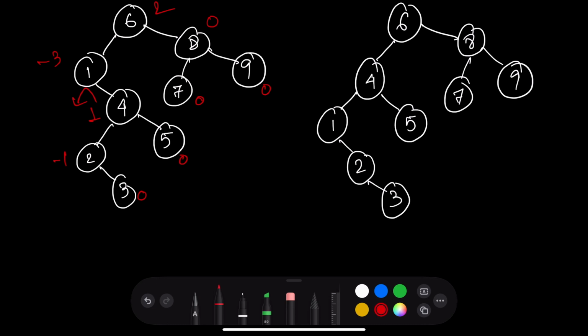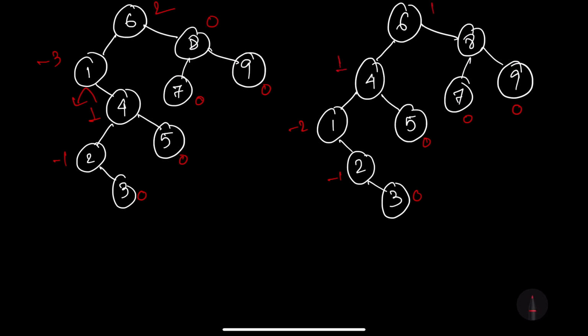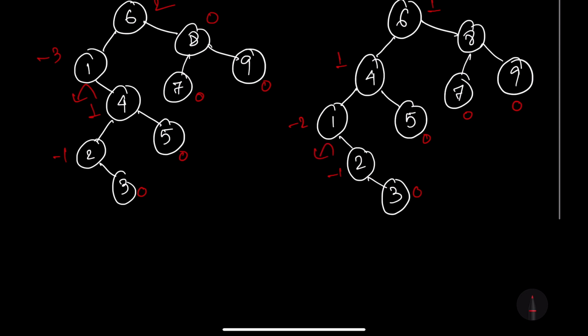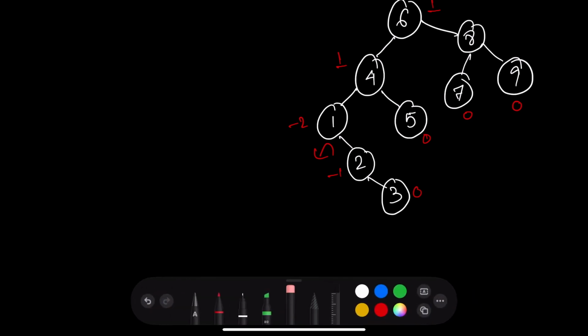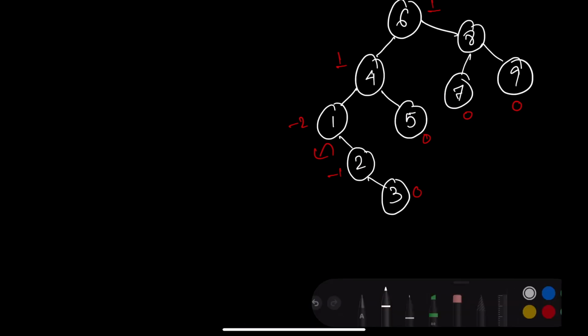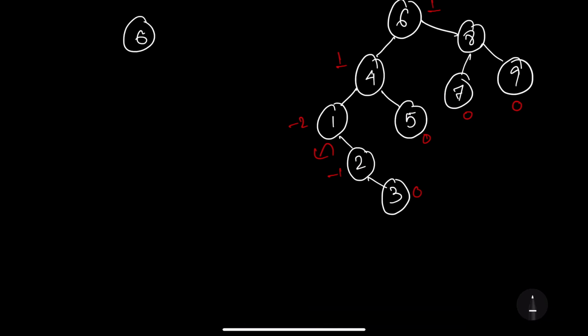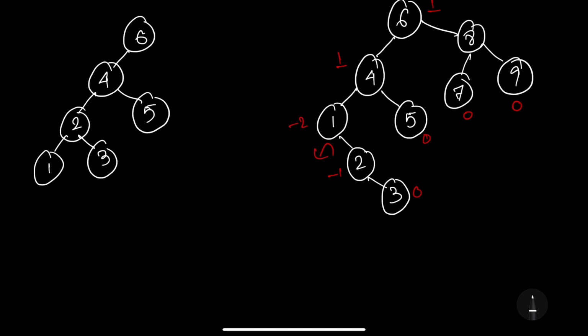Now obviously 0 0 0 0, -1 -2, then 1. Then 3 -2 is 1. So here it would be happening. Again, it is going to be 6 4 2 1 3 5 8 7 9.